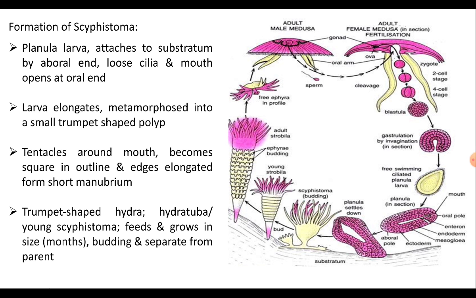The larva now becomes elongated and metamorphoses into a small trumpet-shaped or hydra-like polyp which is about 5 mm in height. Its proximal part is narrowed into a stalk-like structure which is attached to the substratum by an adhesive basal disc, and the tentacles bud out around the mouth, about 16 long and slender tentacles.